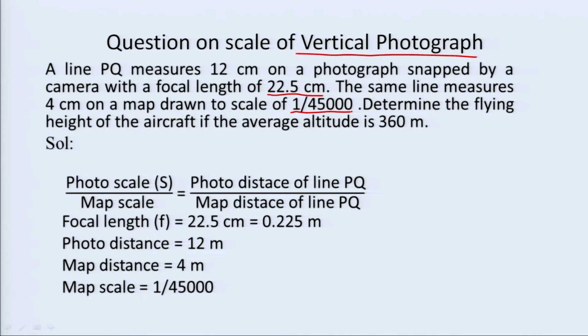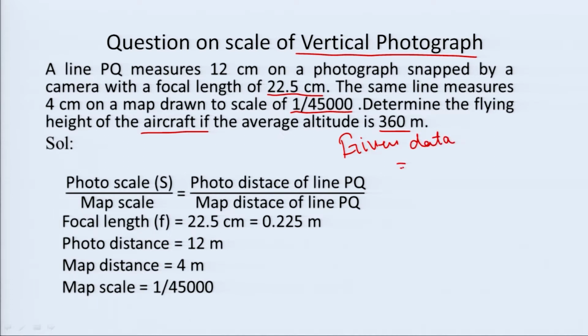We have to determine the flying height of an aircraft, and the average height or altitude given here is 360 meter. Now, on discussing this question, first of all we write the given data.